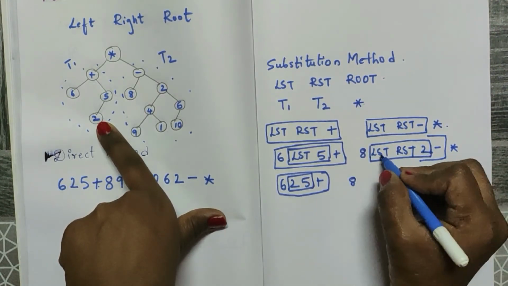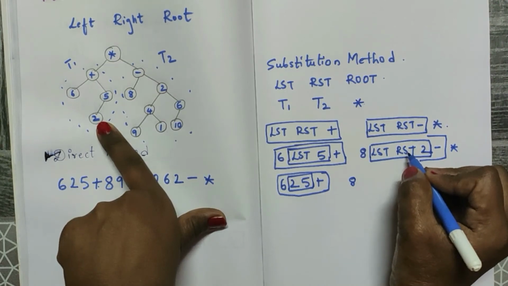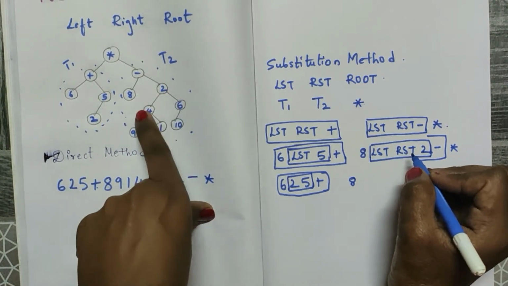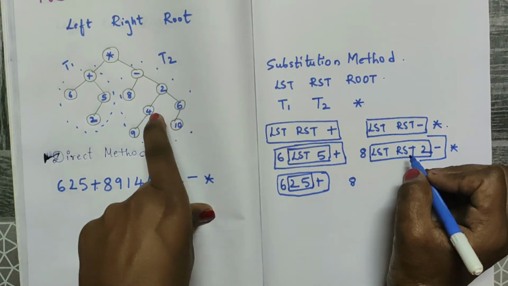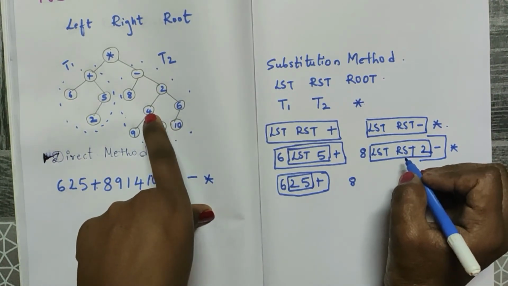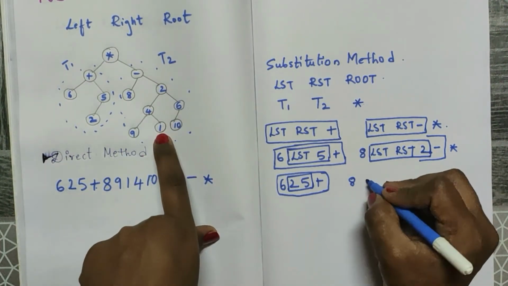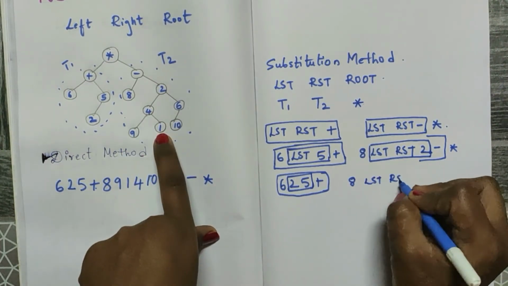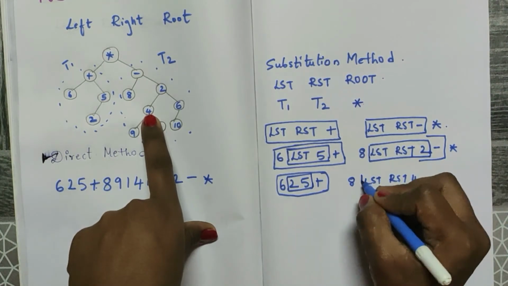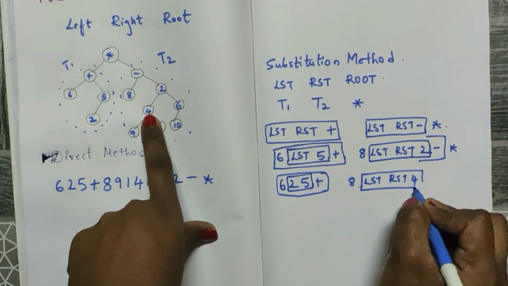Now your 2 has LST and RST. So if you write your LST as 4, but again this 4 has LST and RST. So LST, RST, 4. So put this in a box.